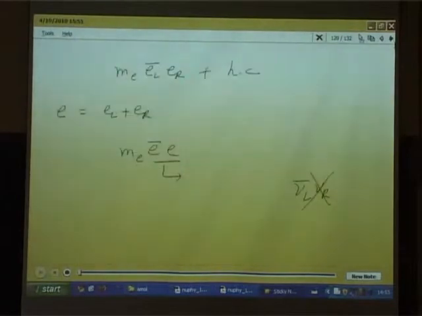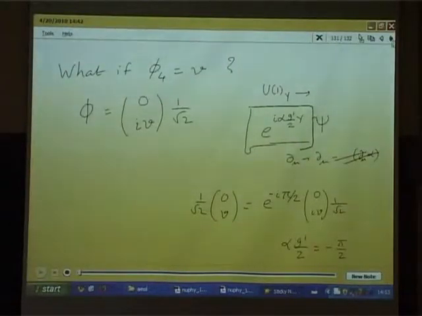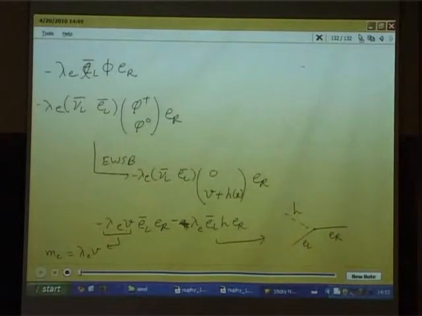So let's go to the diagram. Take phi dagger phi squared. Now you take phi dagger phi and write it as V plus H, V plus H. Then you will get a term which is h cubed.